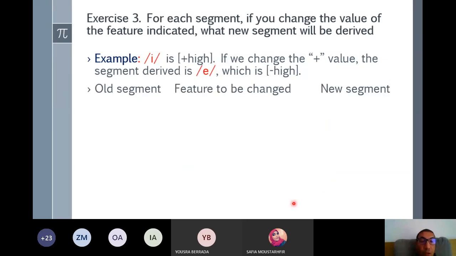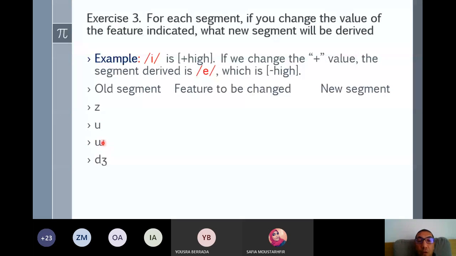Same thing for U, for the round vowel U, for the unround vowel U, for the affricates J, and for the voiced pharyngeal R. All right, so let's have a look at the answer.